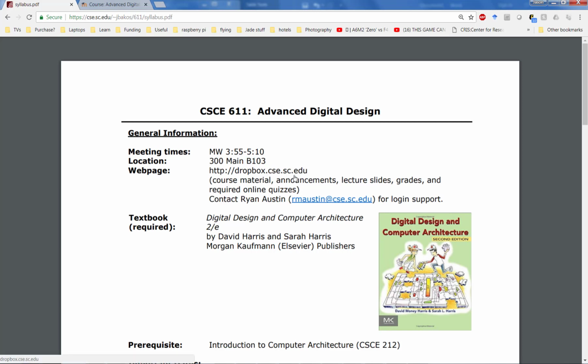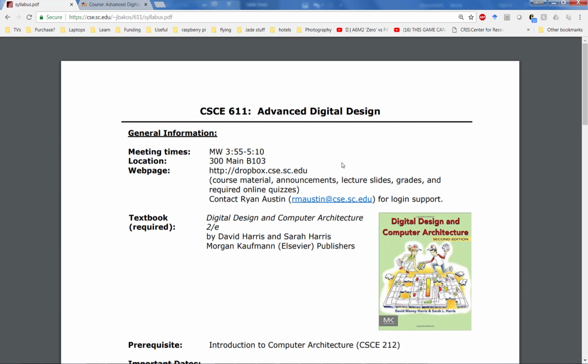It's Bravo 103. I'll use our departmental Moodle site to distribute course material, announcements, lecture slides, grades, and also to administer online quizzes. You can access the site at dropbox.csc.sc.edu, and after you go there, you'll need to log in with your university login credentials.